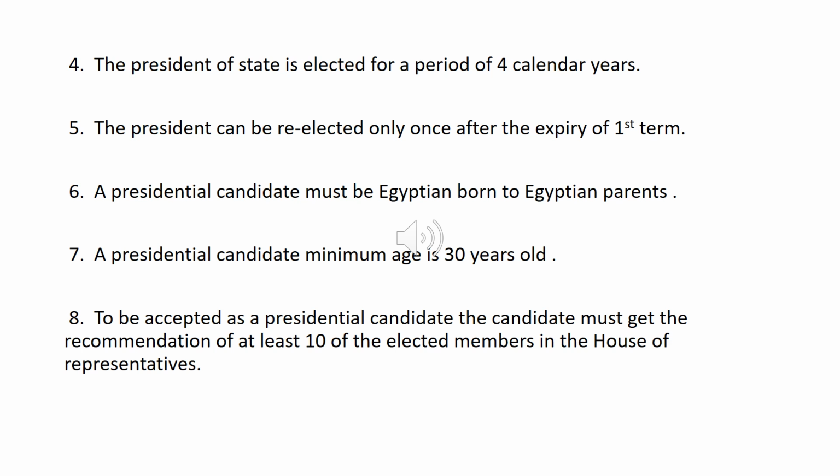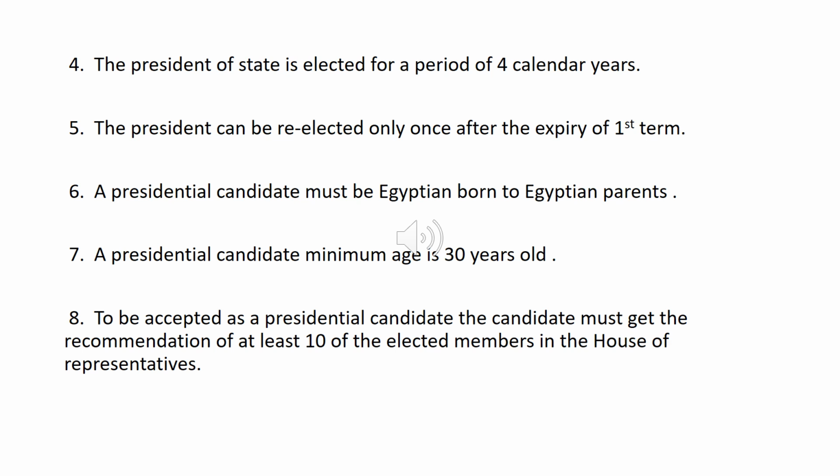Question number 8. To be accepted as a presidential candidate, the candidate must get the recommendation of at least 10 of the elected members in the House of Representatives. True or false? The answer is false.